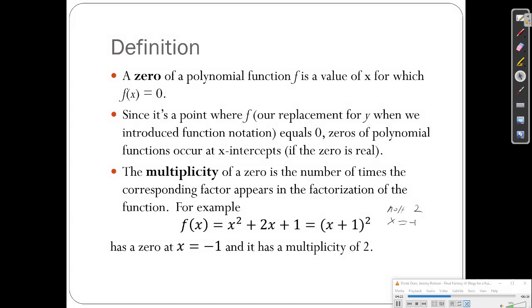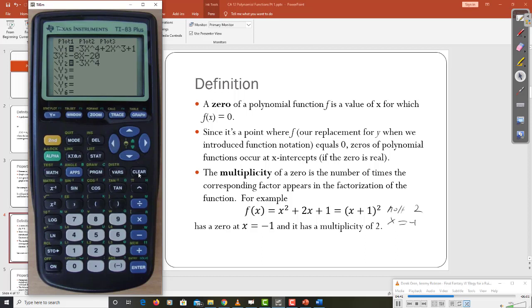If you look at a graph here, two graphs. I'm going to plot what we just did, (x plus 1) squared. And I'm going to plot (x plus 1) times, let's say, (x minus 2).